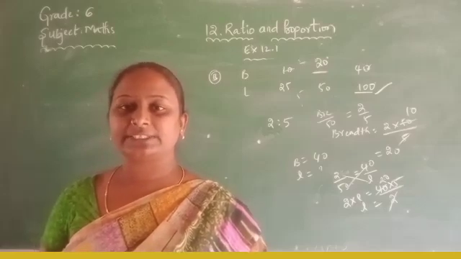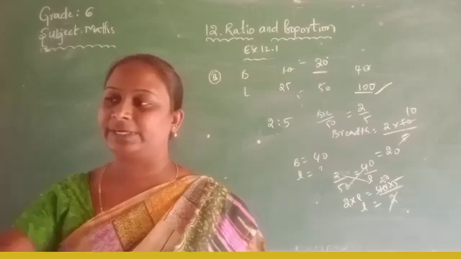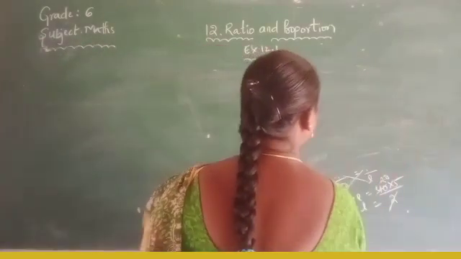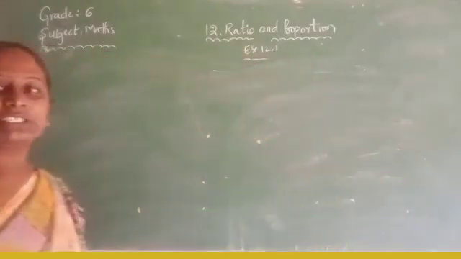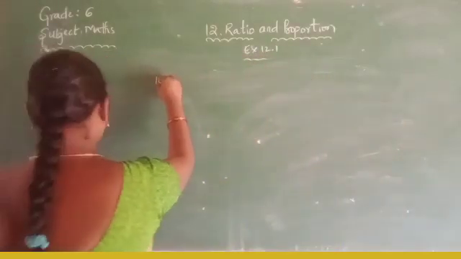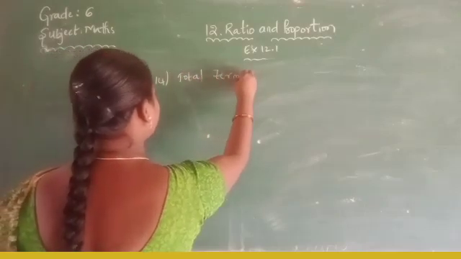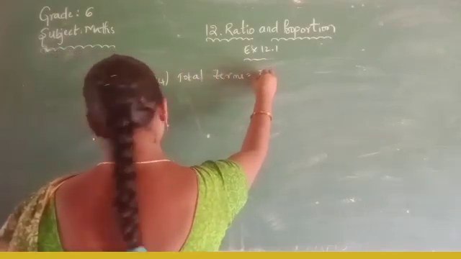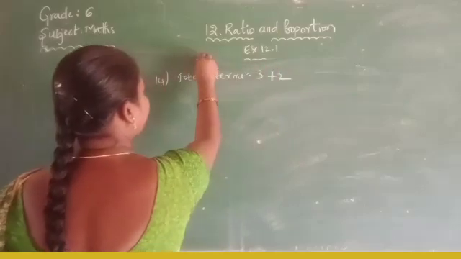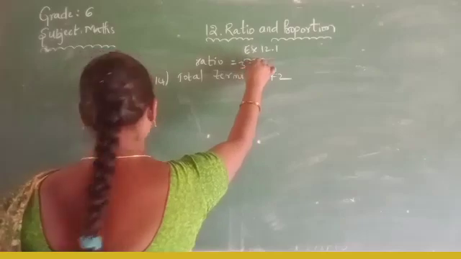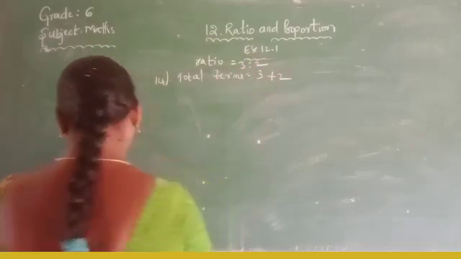So each person will get how many pence? How will you separate that one? First, total terms. How many terms are there? Total terms are 3 plus 2. The given ratio is 3:2, that is Sheila and Sangeeta ratio is 3:2.